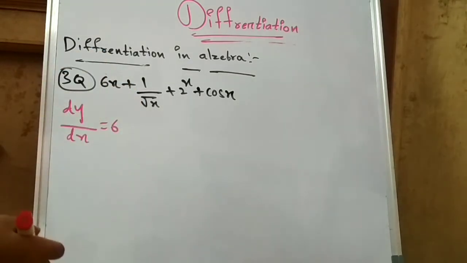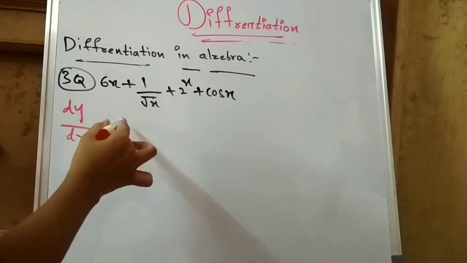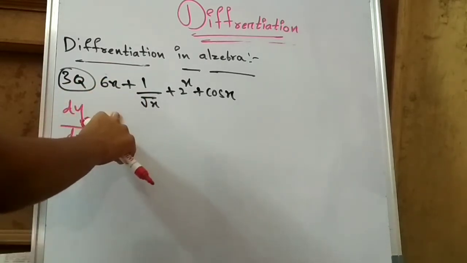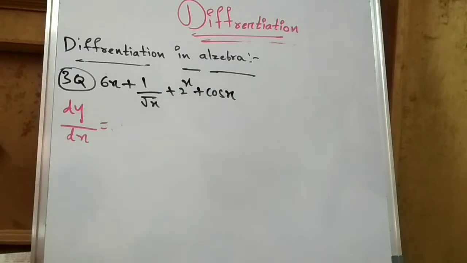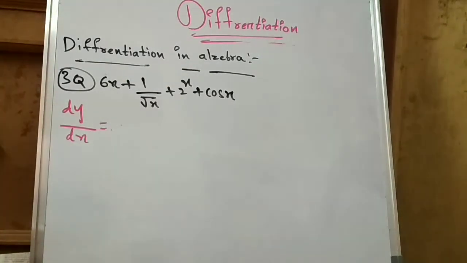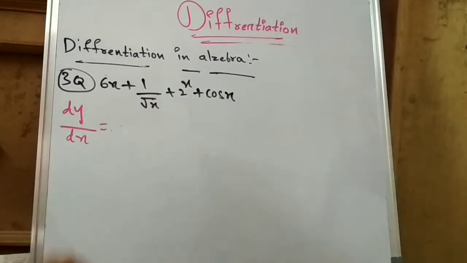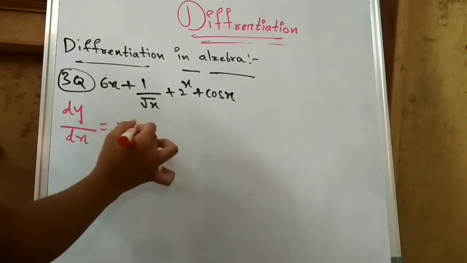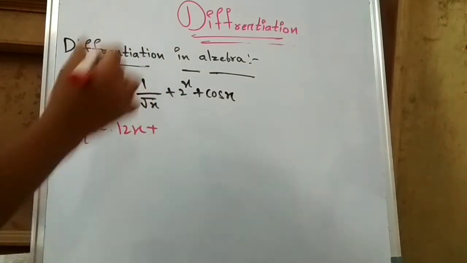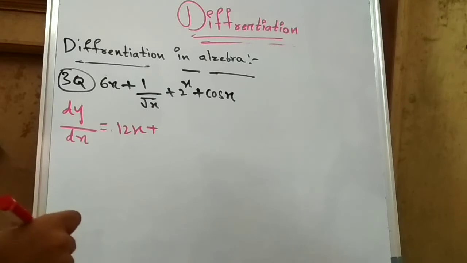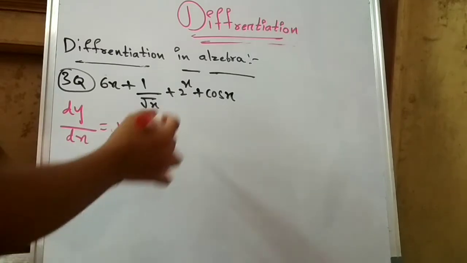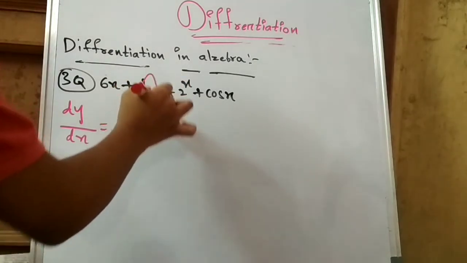For x no value is there. So 6. No, it's not that formula. Here 6x will be equal to 12x. Plus 1 by root x will be x to the power of minus half, right? This will be x to the power of minus half.